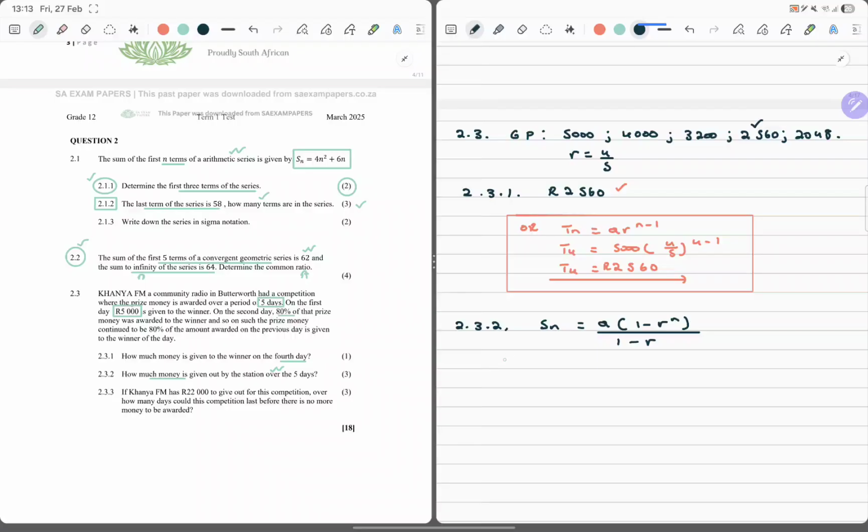So S sub 5 is going to be 5,000 into 1 minus 4 over 5 to the exponent 5, all divided by 1 minus 4 over 5. Therefore S5 is equal to R16,808.